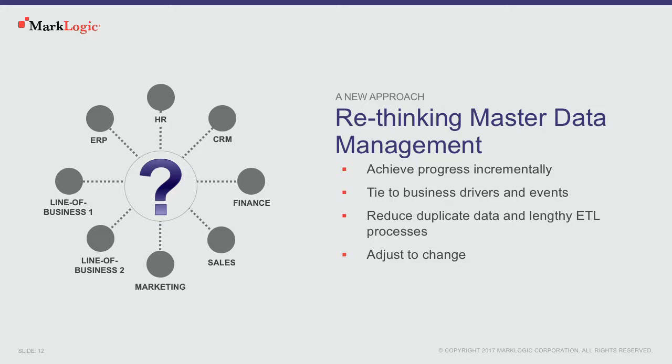Why not align with the business goals as well? If you have MDM, which is designed to solve business problems, it should be aligned with those business problems. So find a way to more closely align your MDM strategy with your business problems, and make it business outcome driven. It would also be nice if you could be a little more flexible and you could actually respond to some of these changes.